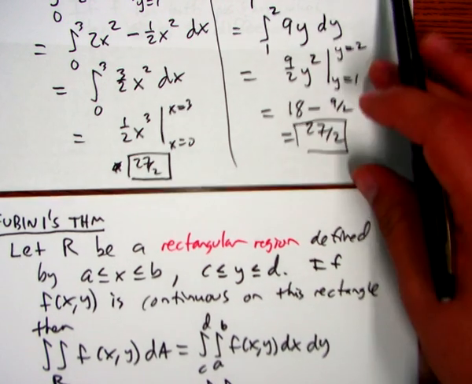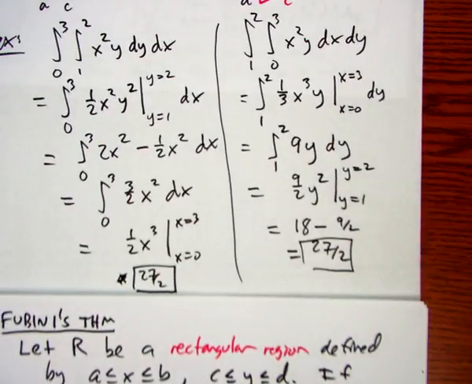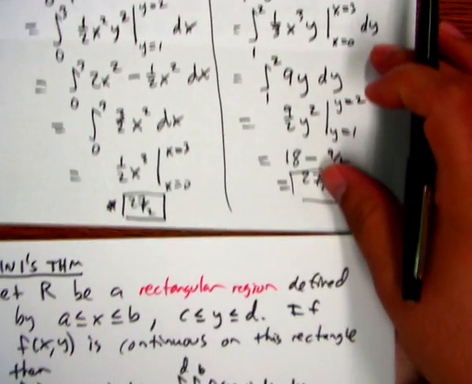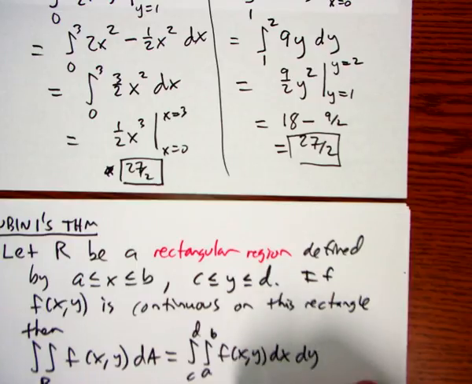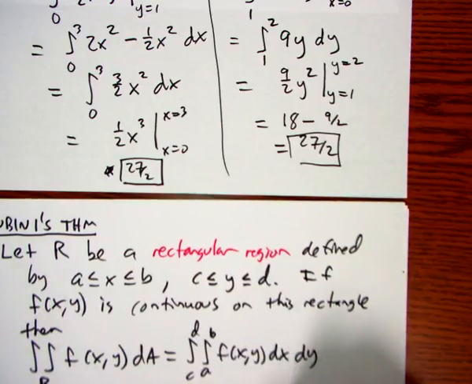It's not harder one way or the other, but there are going to be times where you look at an integral and go, you know what, I don't really like the way this is working out. Let me switch the order here. Maybe it'll make things easier. We'll take a look at that in a sec. So it's interchangeable as long as you have a rectangular region for your region R.